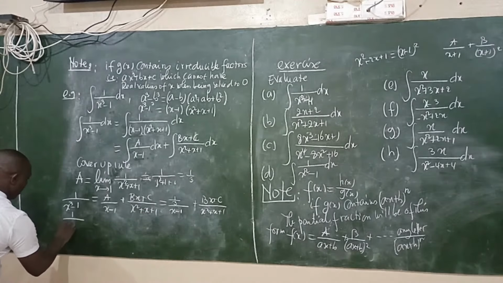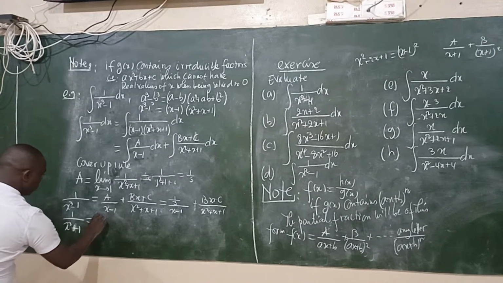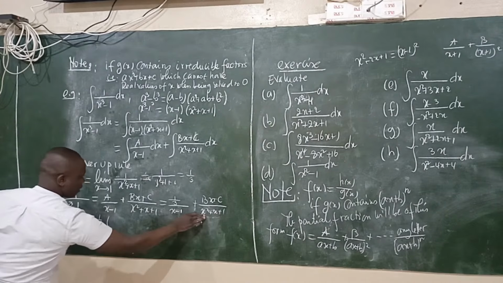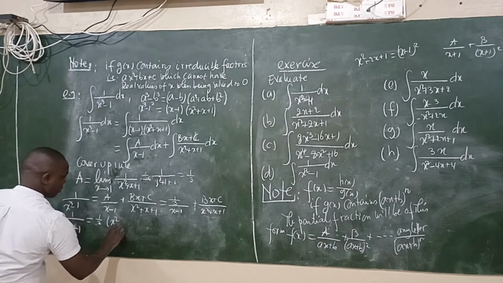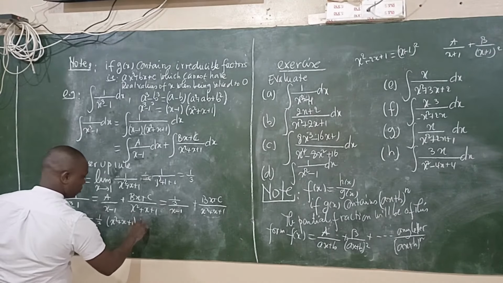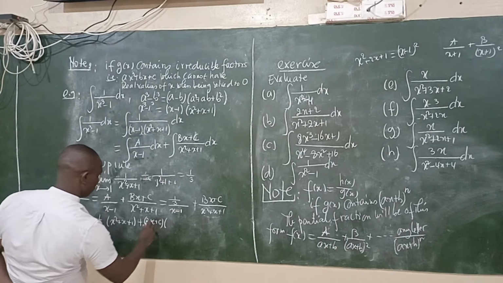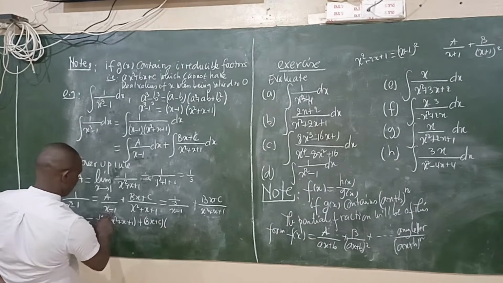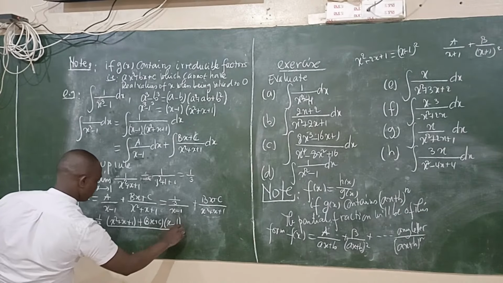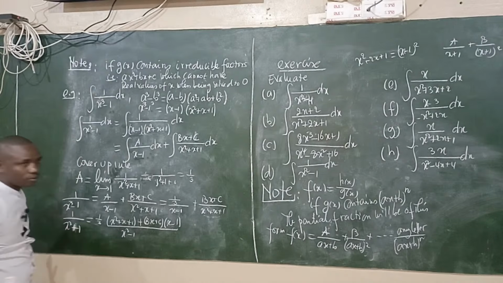Here, 1 by x power 3 minus 1 is going to be 1 over 3 into x squared plus x plus 1, plus bx plus c into x minus 1, by the product, which is x power 3 minus 1.